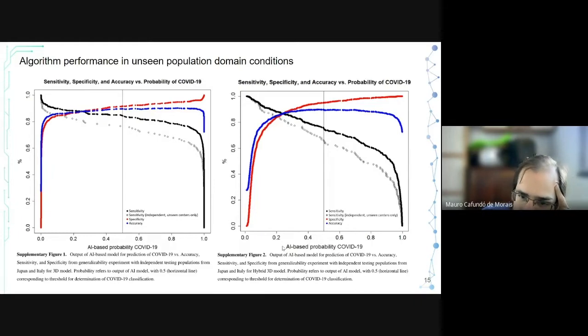So here is each metric of the model. On the left side is the full lung model. On the right side is the hybrid model. So they are comparing the two, showing how well the model is performing, right?